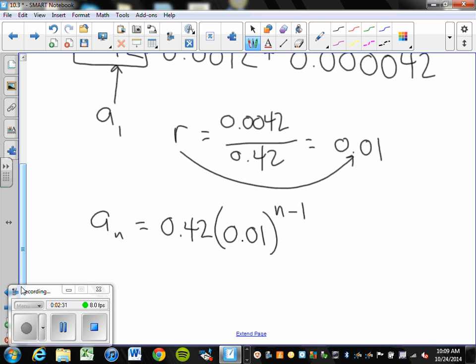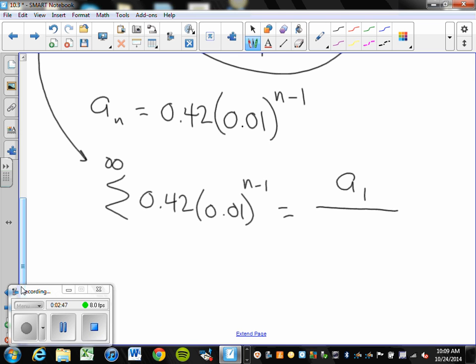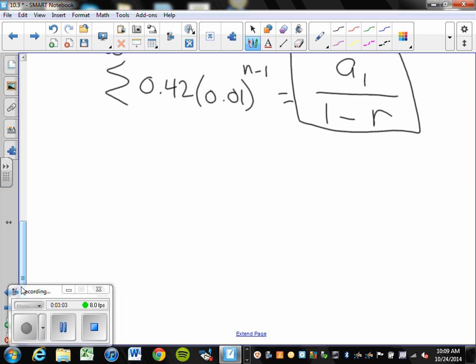The way I write this as a fraction is, if you remember, an infinite sum for a geometric series can be calculated by taking the first term and dividing by 1 minus r. So I'm writing the sum as a fraction using this formula. That's how the decimal becomes a fraction.